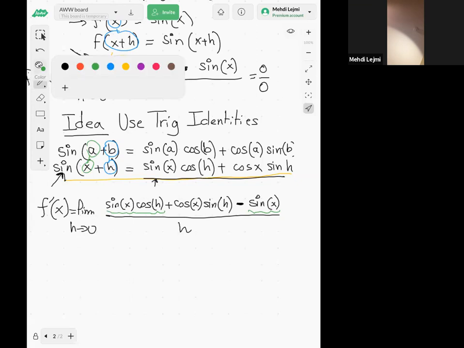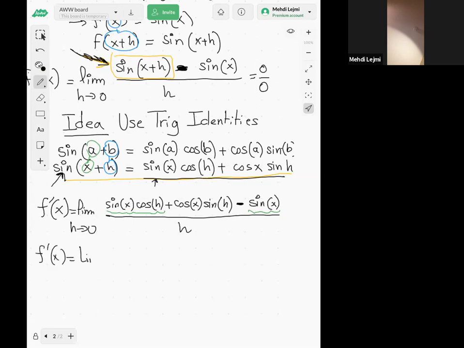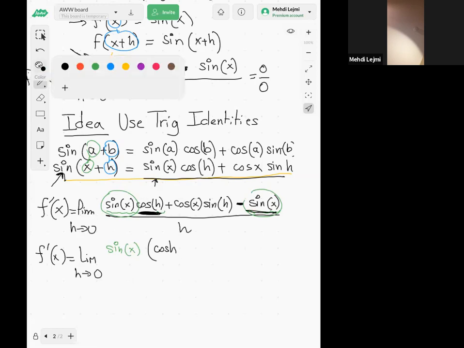So my f prime of x is the limit as h goes to 0 of sine of x times cosine of h minus 1, and if you pull out the sine of x you are left with 1, right?